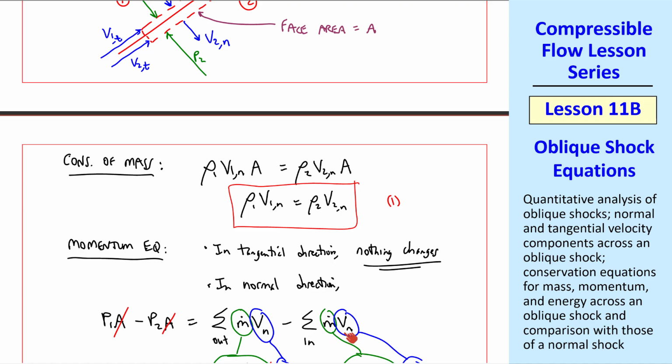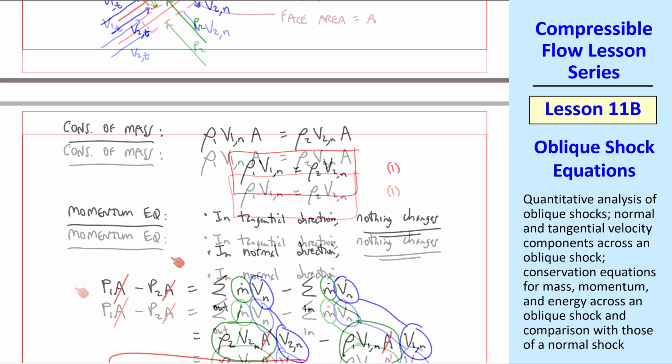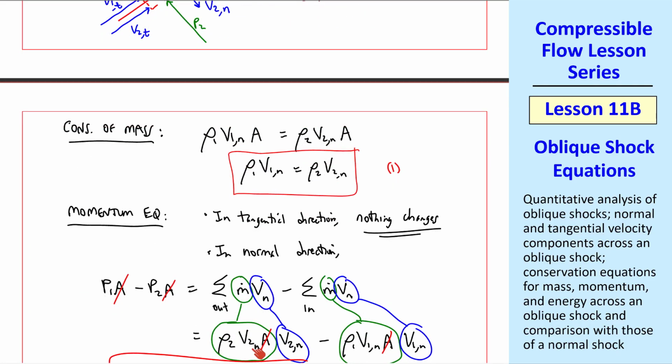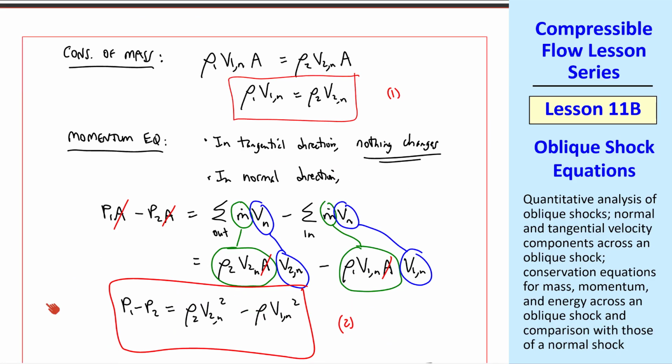So this is the momentum equation in the normal direction only, while m dot is ρ2 v2n times A, as we saw up here, and vn is v2n at the outlet. At the inlet, m dot is ρ1 v1n A from here, and vn is v1n. The pressure force is P1 A minus P2 A, and there's an area in each term which cancels. So our momentum equation reduces to P1 minus P2 equals ρ2 v2n squared minus ρ1 v1n squared. We'll call that equation 2.